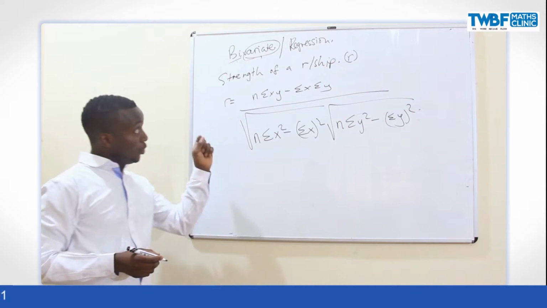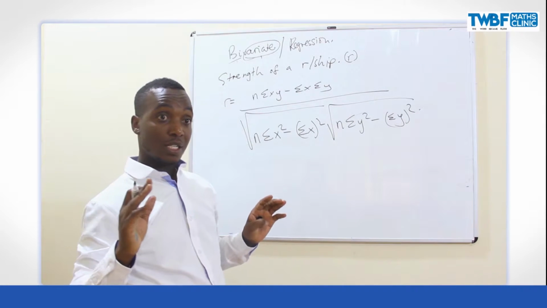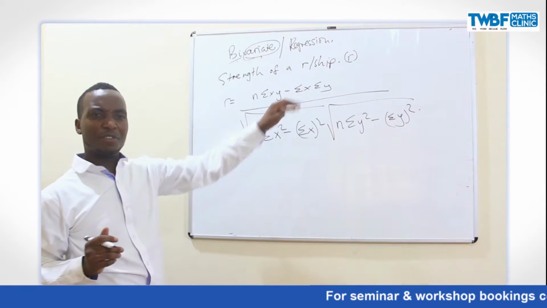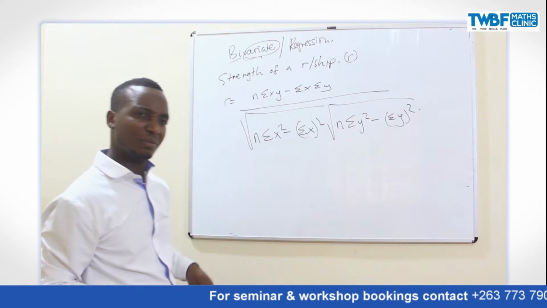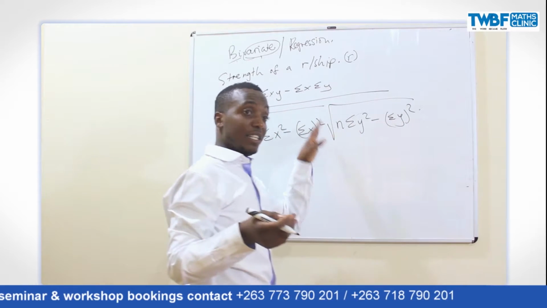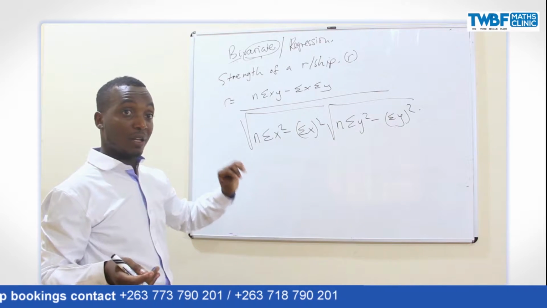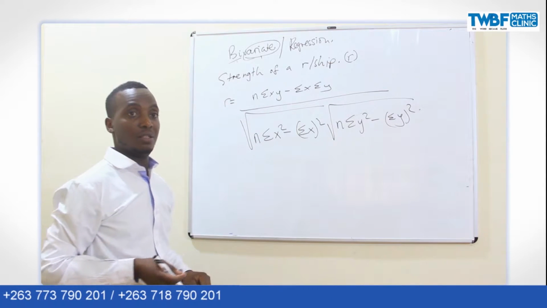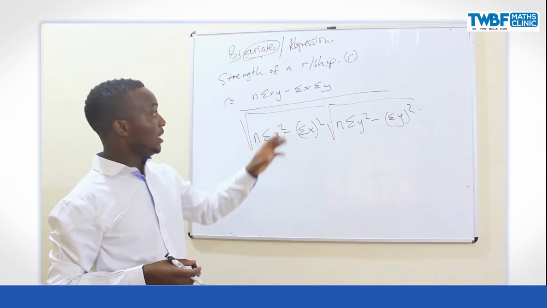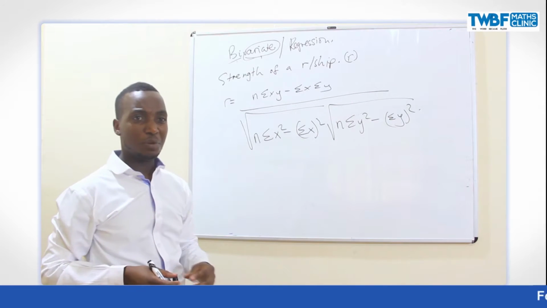But r should always lie between minus 1 and 1. So now, never mind the length of the formula, it doesn't matter. Don't worry. You can also calculate it by other means. When you are given an exam or any situation, you will be given this formula.